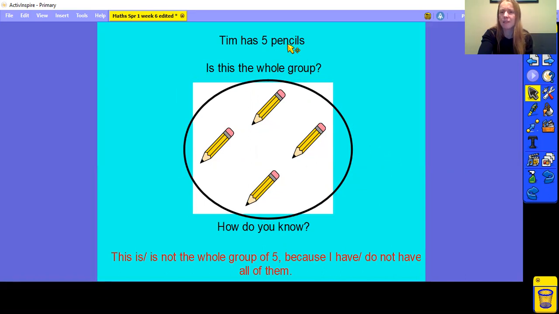It says Tim has 5 pencils, but this group only has 4. This is not the whole group of 5 because I do not have all of them. I only have 4. I need one more to have the whole group.